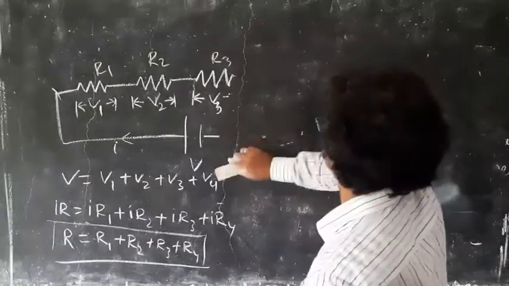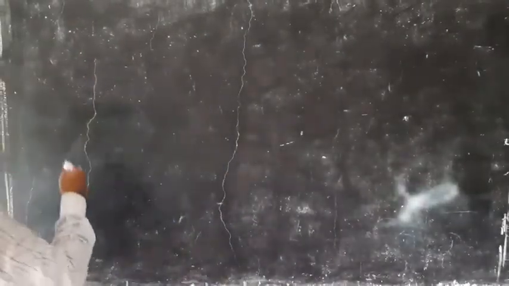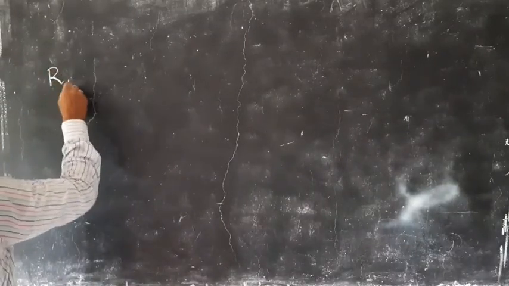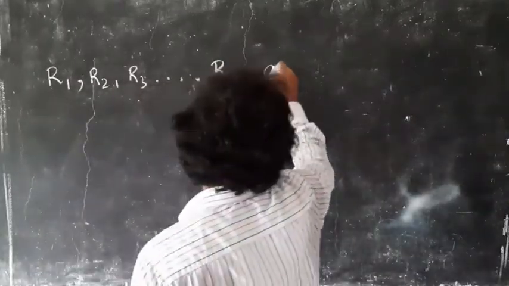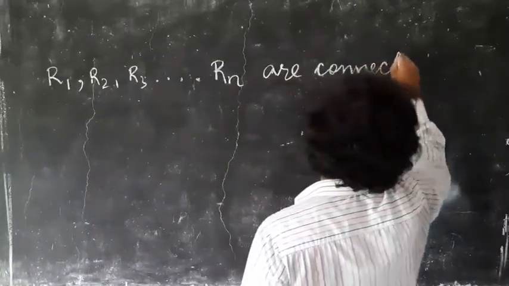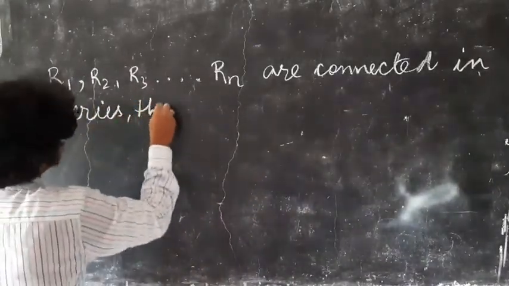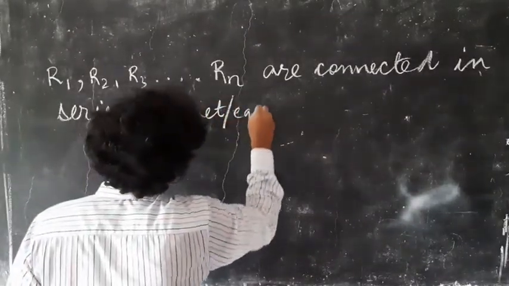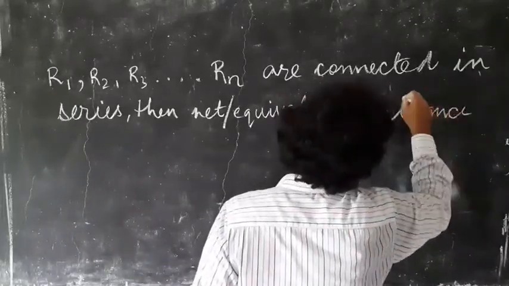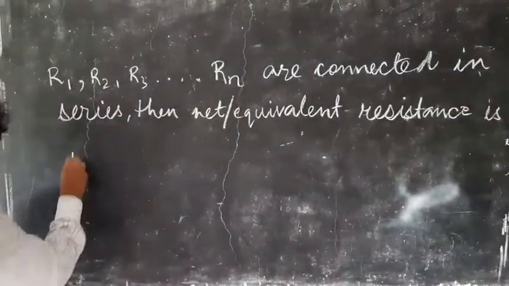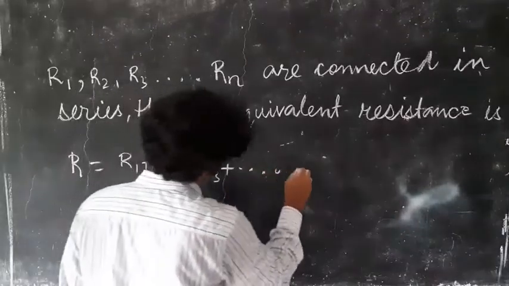Let us generalize it. If R1, R2, R3 up to Rn, all resistances are connected in series, then the net or equivalent resistance is R equal to R1 plus R2 plus R3 plus R4 plus R5 plus up to Rn.